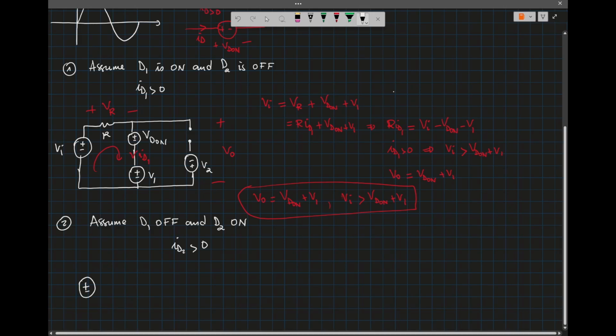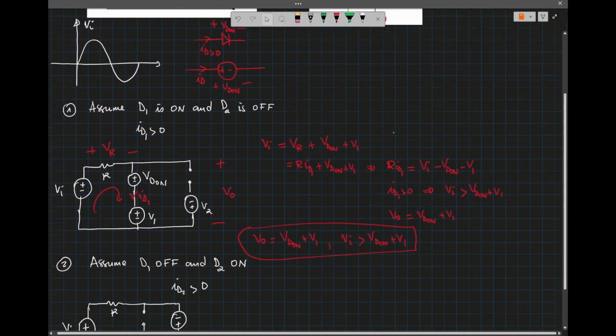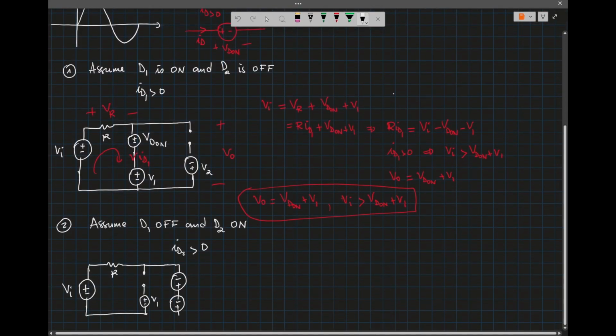When I redraw the network, diode D1 is off, so V1 is there, and the diode D2 is pointing up, so we have this, and V2 is minus and plus, that's V2, and the current ID2.